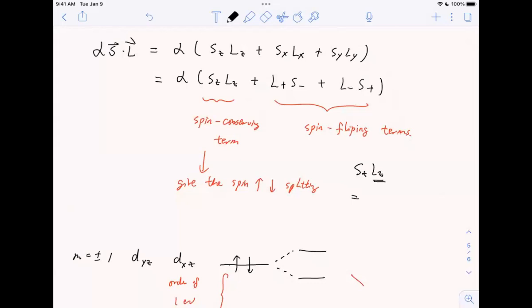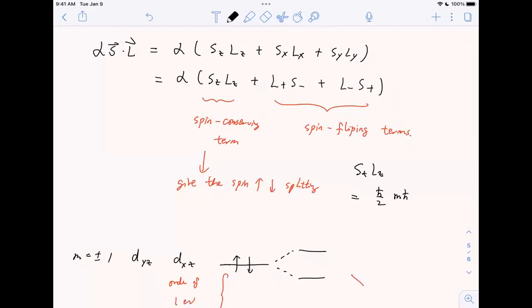This is determined by m, right? So for spin up it is h bar, and then this is m h bar.